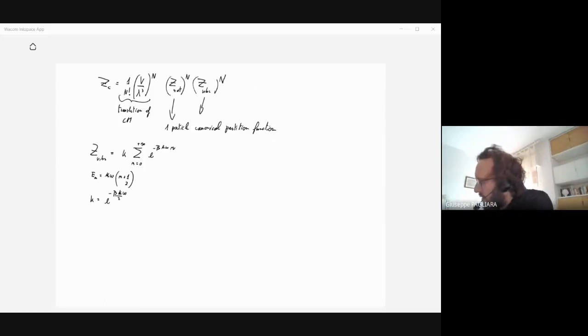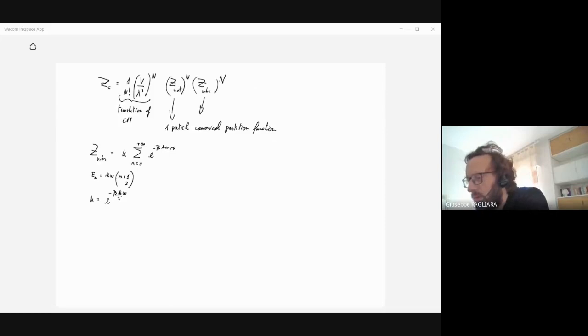Now, this k is just a constant, and will not be of any importance for what we are going to do later, because we are going anyway to compute the derivative with respect to beta. So this is just a constant, it will not contribute. It's, if you want, the zero point energy. So we can set this to a constant.